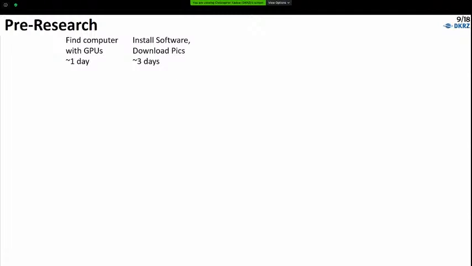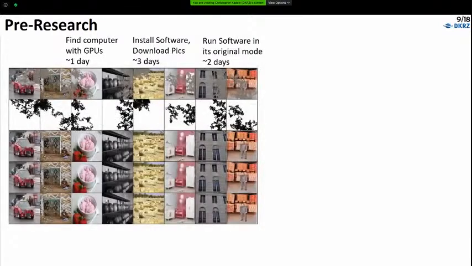Then there was another one which was much easier. You find the link in the paper. It took me 3 days, right? To download the pictures, the ImageNet pictures and so on. And then I wanted to run the software in its original mode to put in real pictures and get some results. And that is something you see here. That's the image inpainting.